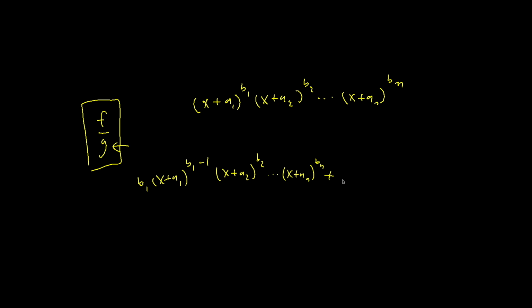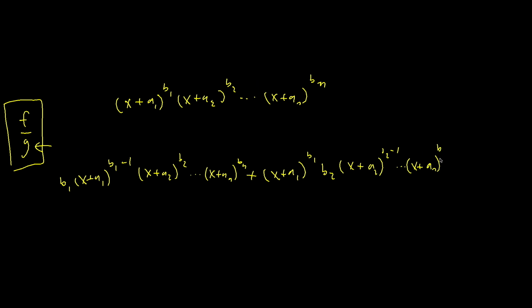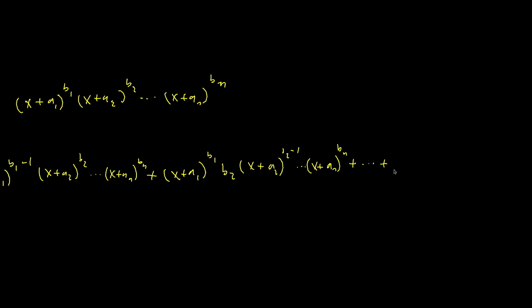So the second term would be keep the first, and then b2 times (x plus a2) to the b2 minus 1, and so on with this portion, and then plus, and then this expands. This is a very large expression, but you'll see it gets better.